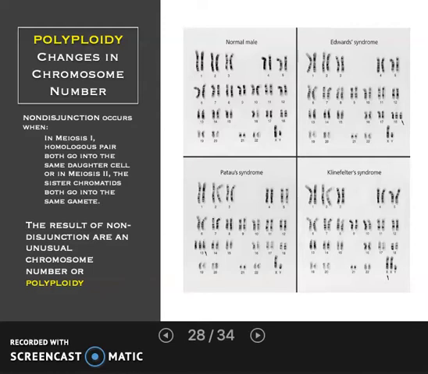So I've got 23 pairs of chromosomes, and in each sperm or egg, I should have one chromosome number 1, one chromosome number 2, one chromosome number 3, etc. Well, in some cases, when that sperm or egg is formed, I don't get one chromosome number 21. I get 2 in my sperm. And when I go to meet the egg, that makes a person with 3 chromosome 21, and that leads to probably the most common chromosomal mutation in humans, trisomy 21 or Down syndrome.